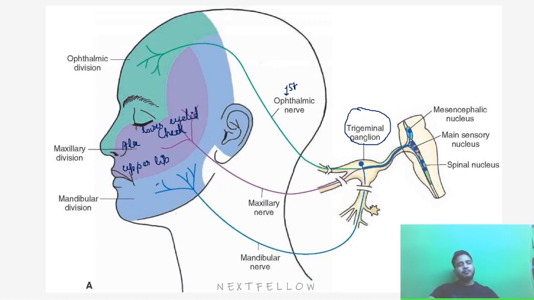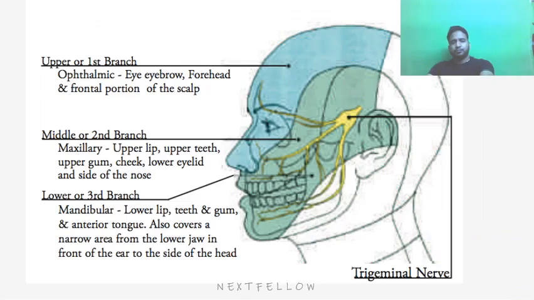And the last is the mandibular division, which is supplying the lower lip, the mandible, the chin, and by means of the auriculotemporal nerve, the anterior half of the pinna. Okay, and also part of the temporal bone.